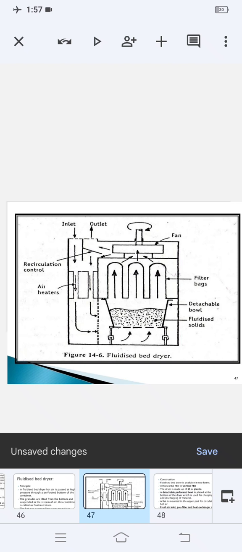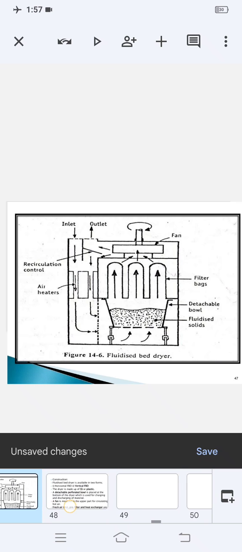The gas surrounds each and every granule to completely dry them. The air leaves the dryer by passing through the bag filter, and the entrained particles remain adhered to the inside surface of the bag. Periodically the bags are shaken to remove the entrained particles. So this was the working of FBD.